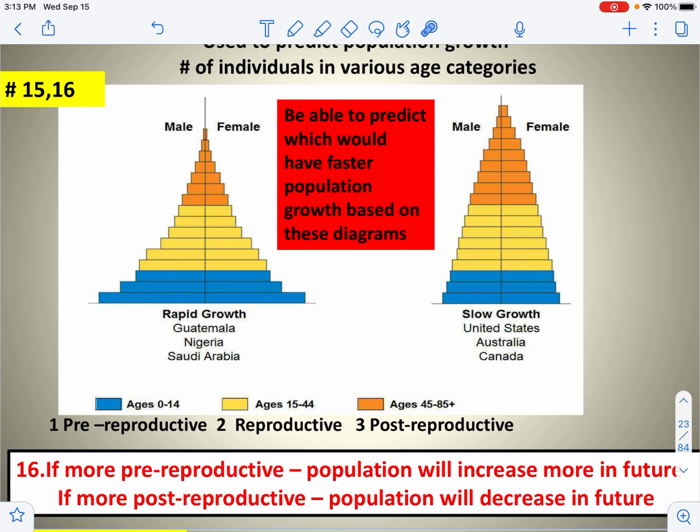If you saw this flipped upside down, where most of the people in a population were old and you had very few young people, then in the future, when the old people die, obviously the population would decrease.